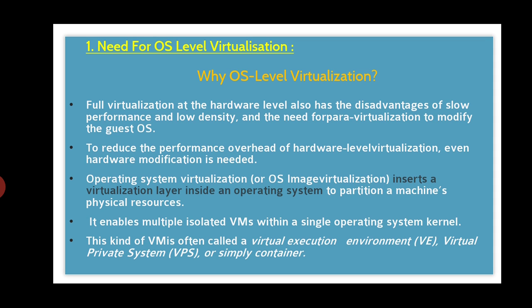Here we want to reduce the performance overhead of hardware level virtualization. Even hardware modification is needed, and operating system level virtualization provides a feasible solution for these hardware level virtualization issues.